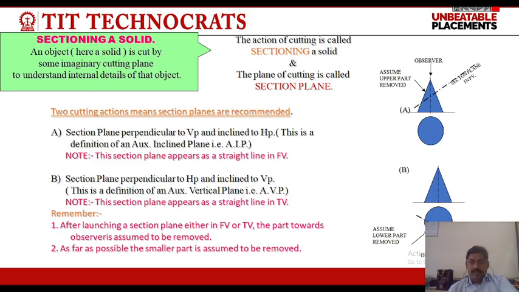This is the first part in which this is a section plane inclined to the VP, and this is the second part, inclined to the HP. Next, the section plane is inclined with the axis at any angle to the HP, and assume the lower part removed. This is the inclined section plane or section line or imaginary line inclined with VP.